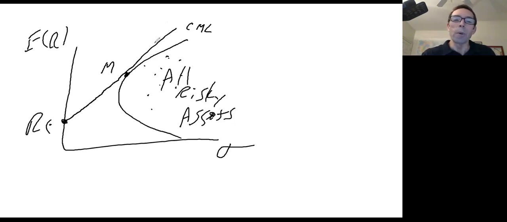Because what are you doing? You're putting all your money into, it may not be exactly the market portfolio, but it's probably some sort of well-diversified portfolio, right? That's right here. And then you are also borrowing money so that you can put that money into the market portfolio. If you had to pay off your mortgage, you probably wouldn't be able to have all that money in the 401k plan. So that actually puts you up here.